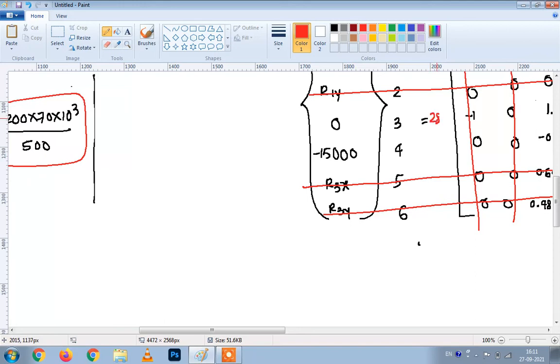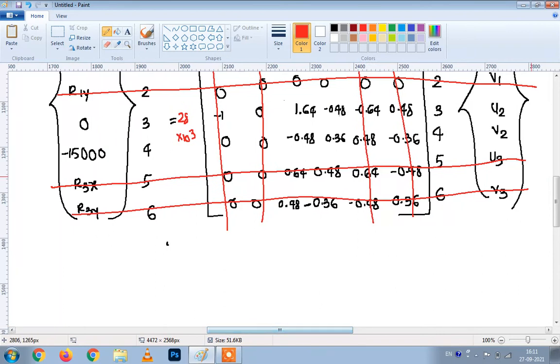So 0 is equal to 28 into 10 raised to 3 into 1.64 this particular element into U2 minus 0.48 into V2.